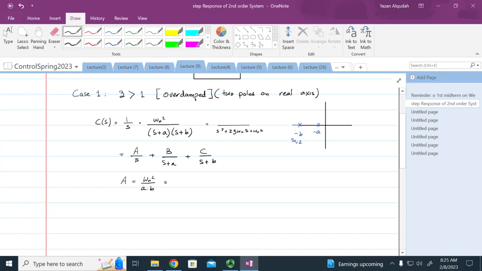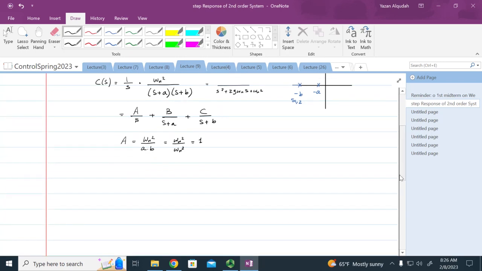When I multiply this out, A multiplied by B is equal to omega n squared. So A multiplied by B is equal to omega n squared, which makes the coefficient equal to 1. We cannot determine the value of B and C because it's going to depend on the small a, small b. So we're going to keep it in terms of B and C.